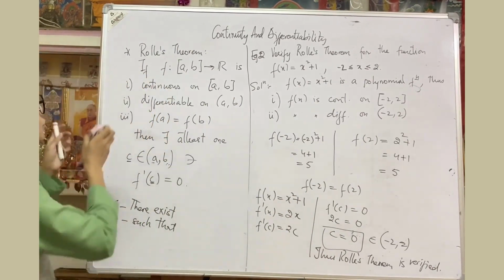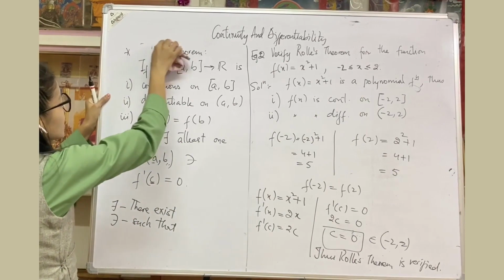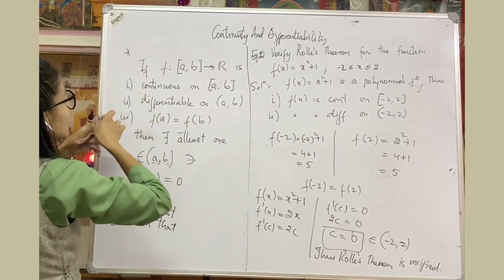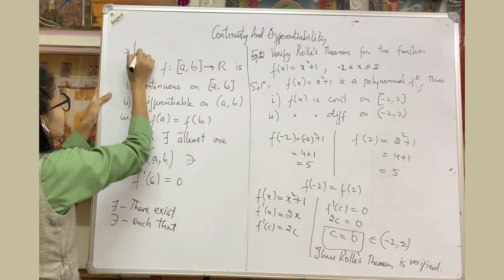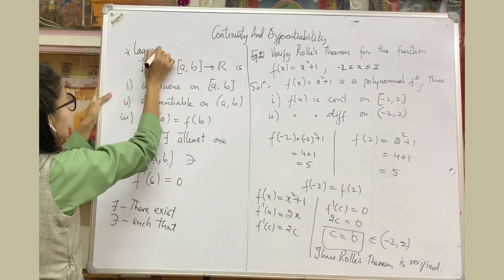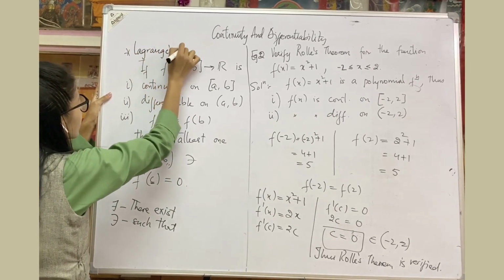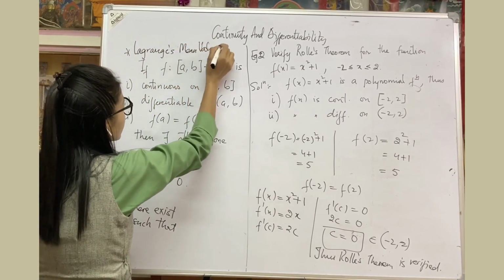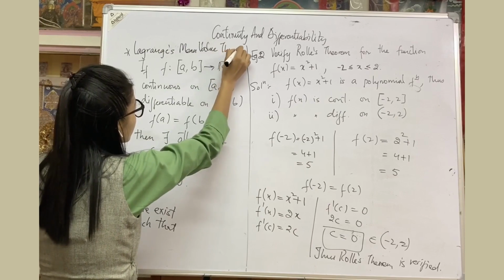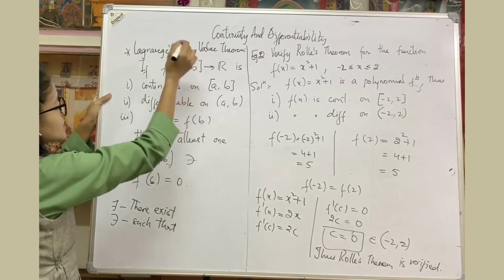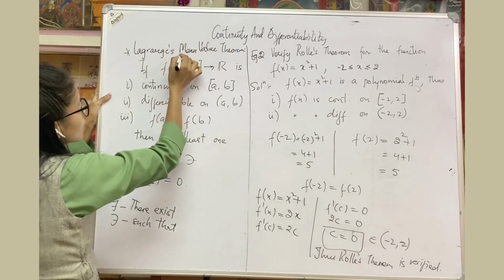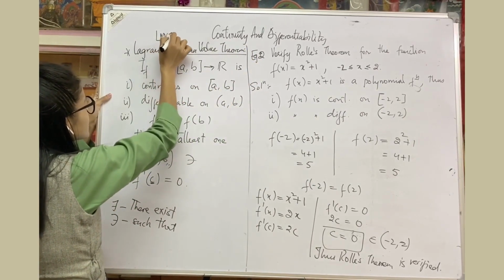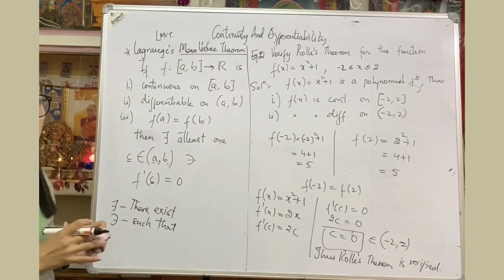Now I'm going to discuss the next theorem, that is Lagrange's mean value theorem. It is also called the mean value theorem, and in short we write LMVT, Lagrange's mean value theorem.